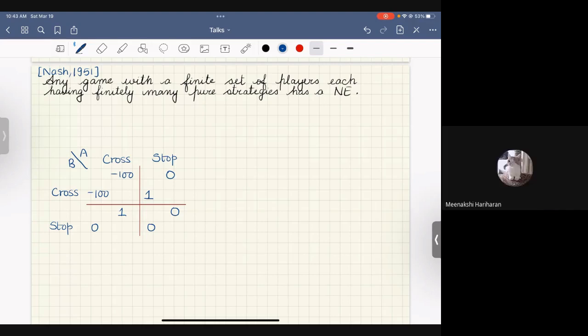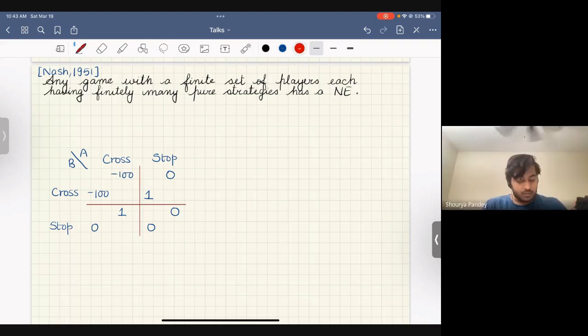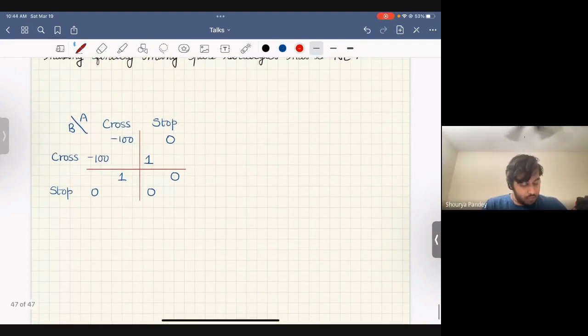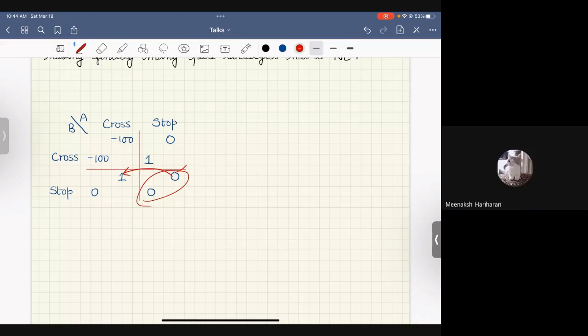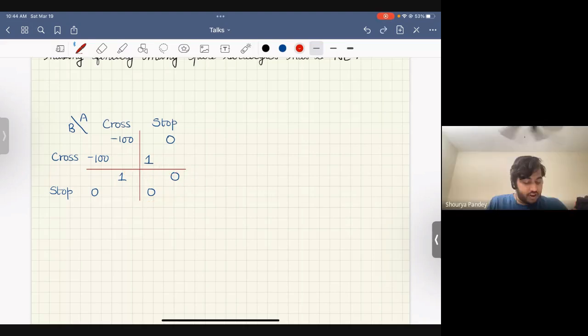So either both should stop or both should cross for Nash equilibrium, right? If both stop, then isn't it better for A to change their strategy to cross? Oh yeah. You can change it and be better locally.